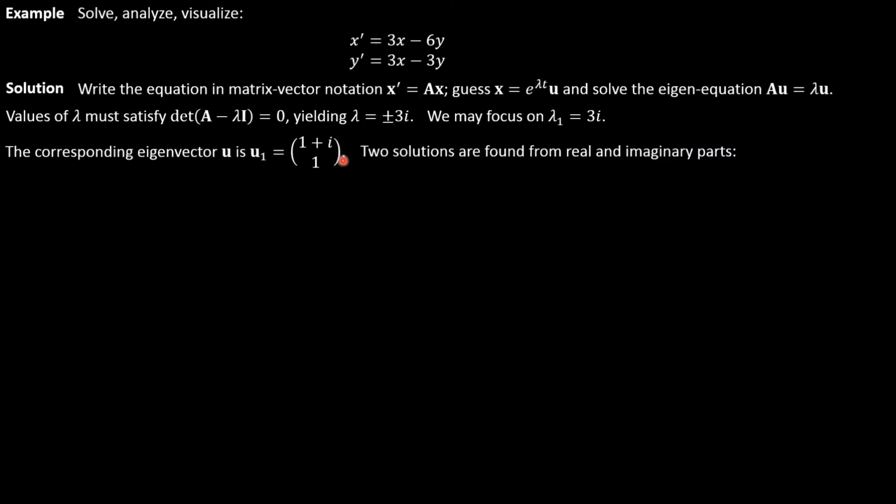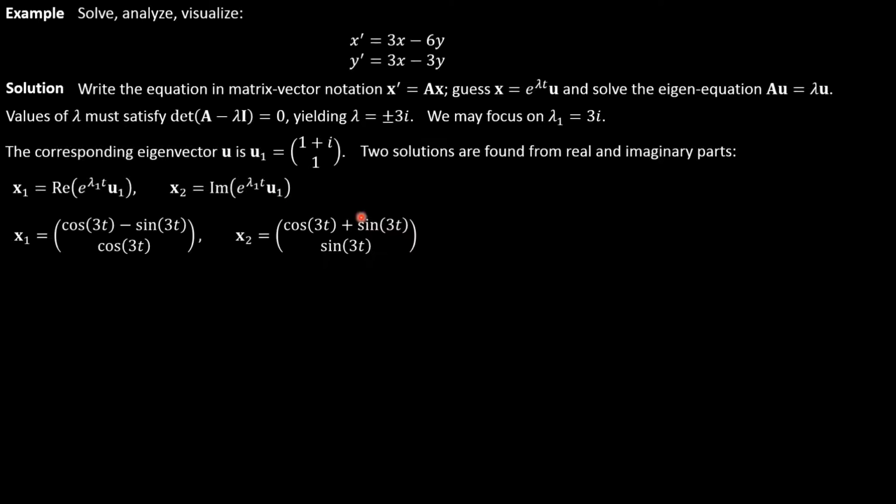The two solutions are found by taking real and imaginary parts. So you take the real part of e to the lambda 1 t u1 and the imaginary part of e to the lambda 1 t u1, and you get these. Using the same exact code from the previous slide for simplifying the real and imaginary parts and Euler's identity.